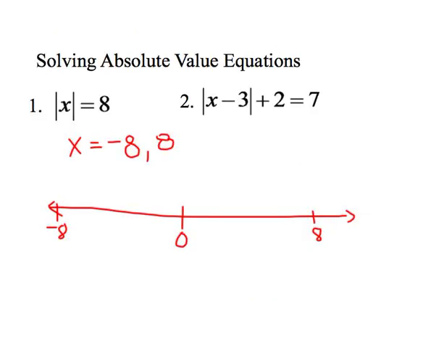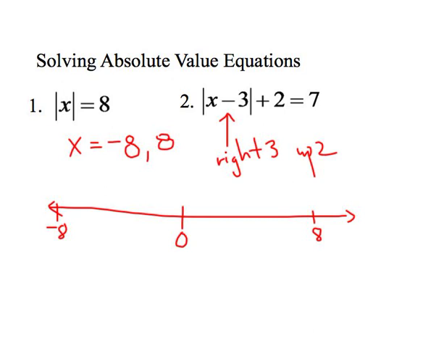So here's my second example here. This absolute value function of x minus 3 plus 2 equals 7. Graphically speaking, this x minus 3 means that I am moving this function to the right 3, and I'm moving it up 2 because of this 2 at the end here.